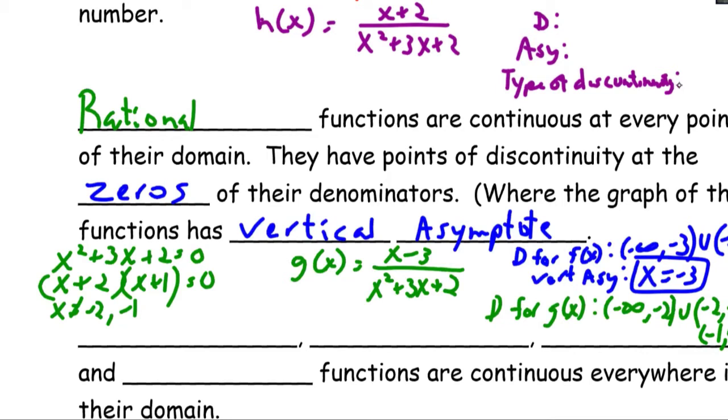All right, so to find the domain, I do the same thing. Set the bottom equal to 0. We've already figured that out. So that domain is the same as what we did already. We worked that to get x cannot equal negative 2 or negative 1. So my domain is still there.